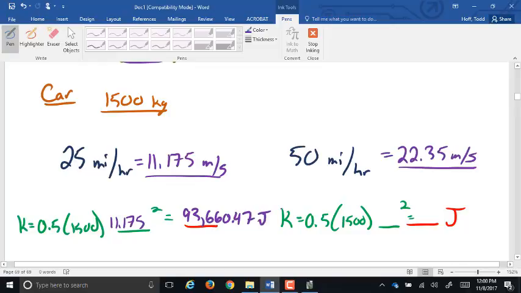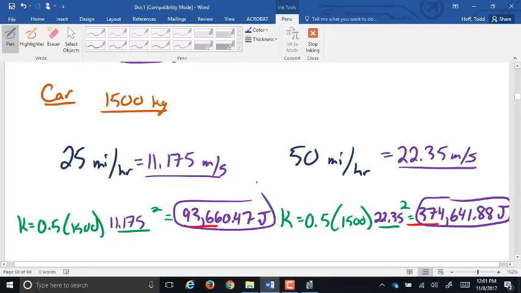And that's joules. For the second car, then, it's 0.5 times 1500 times 22.35 squared. What do you get for that one? Perfect.